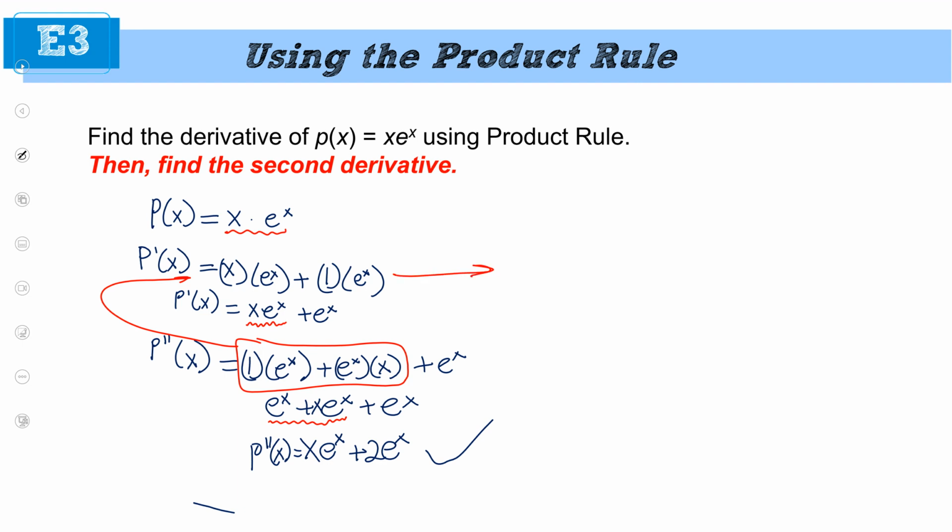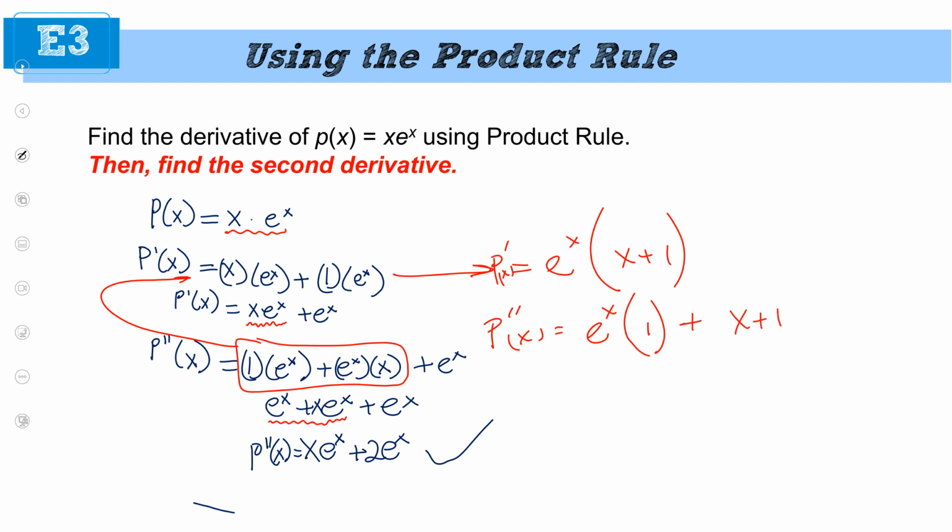Now, let me show you an alternative approach to it, and that is I'm going to take it from here. After Posey found the first derivative, I could then choose to do this. Okay? So that's algebra. What did I do? I just took p prime of x and simplified it that way. Now, I can use the product rule. P double prime of x: derivative of the first times the second plus the second times the derivative of the first.